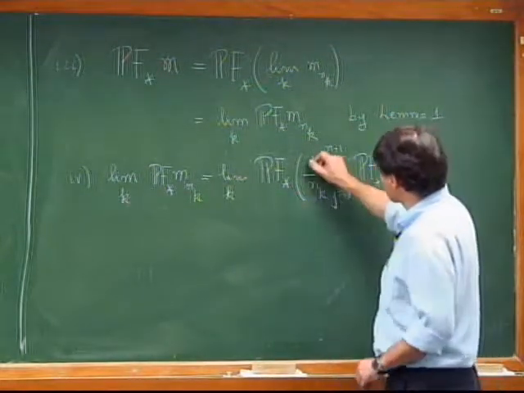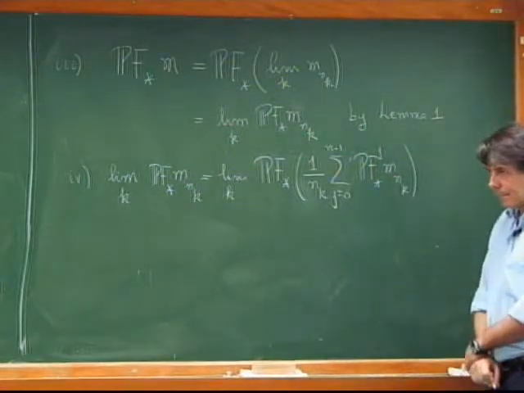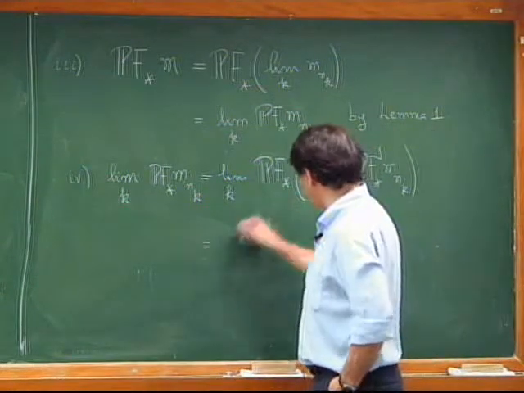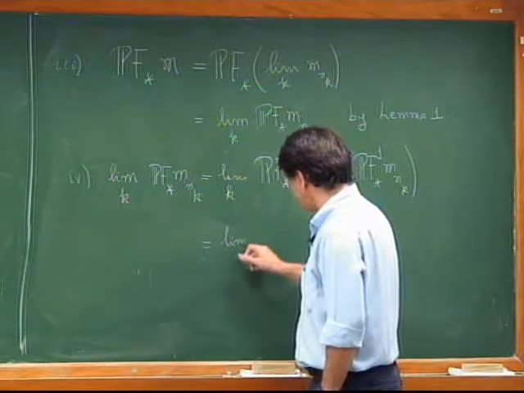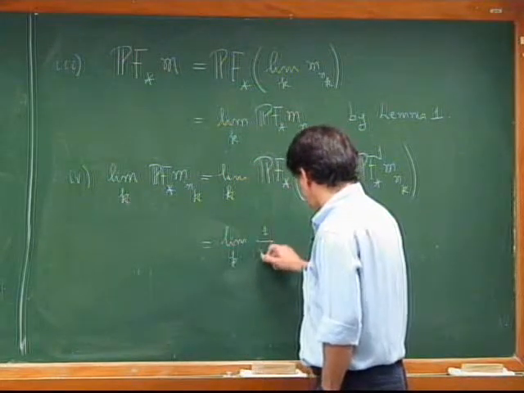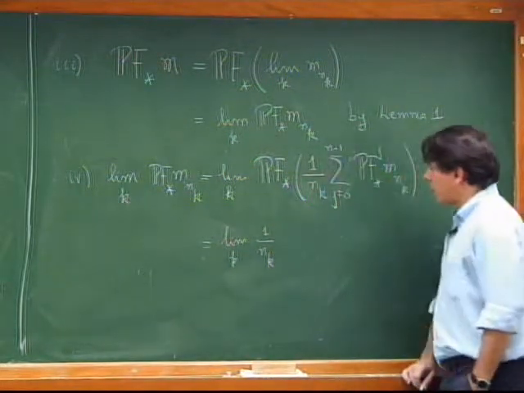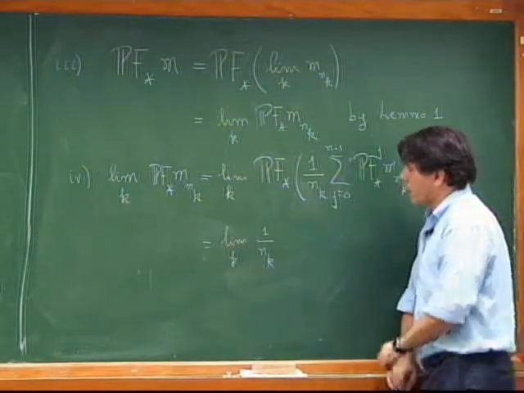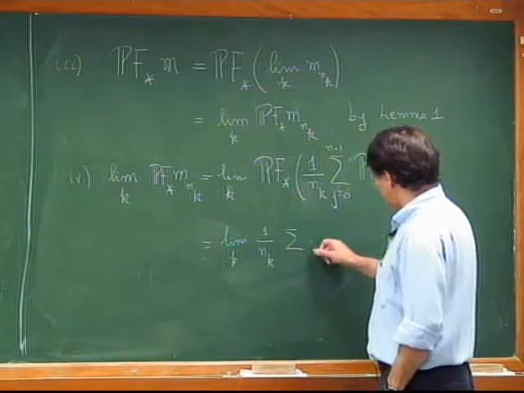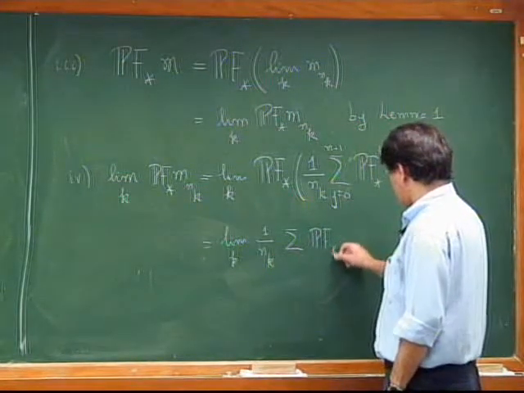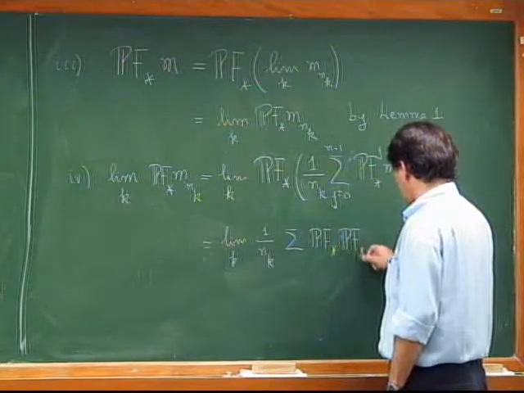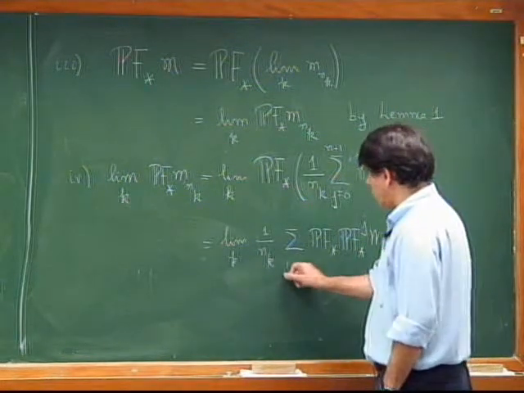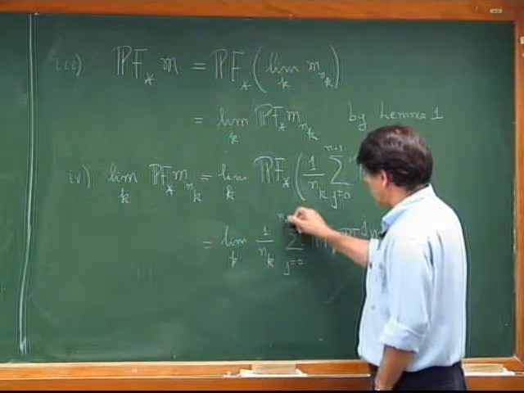This 1 over nk is not a problem. It commutes, it's just a constant. You can take it out. And then I have Pf star of the sum. The sum you can also take out. And you get the sum of Pf star j of mnk, j from 0 to nk minus 1.